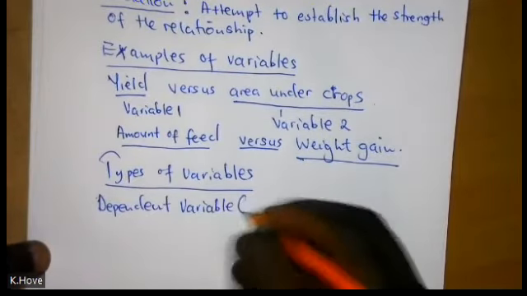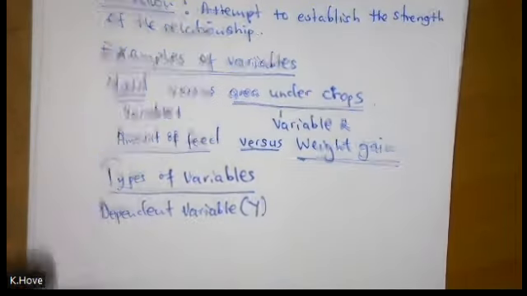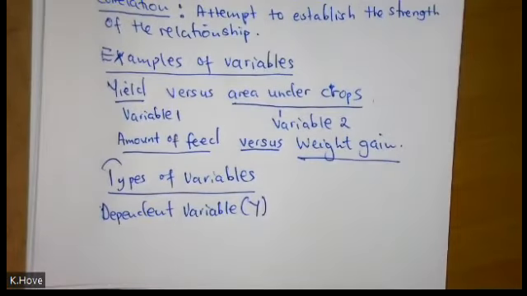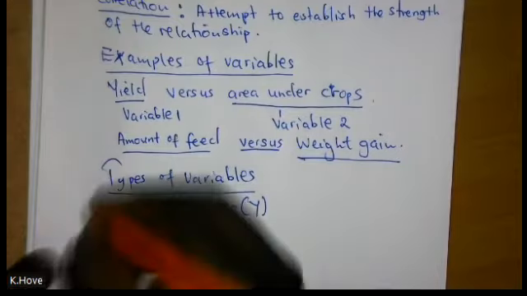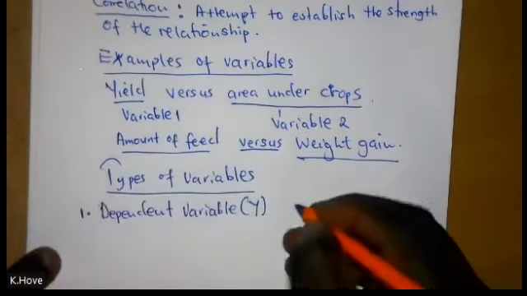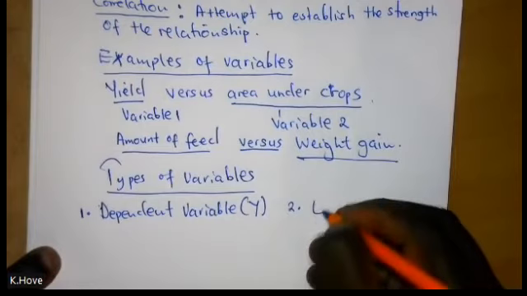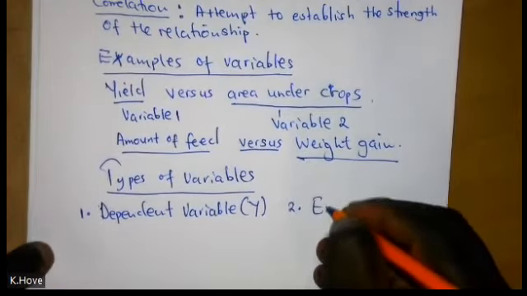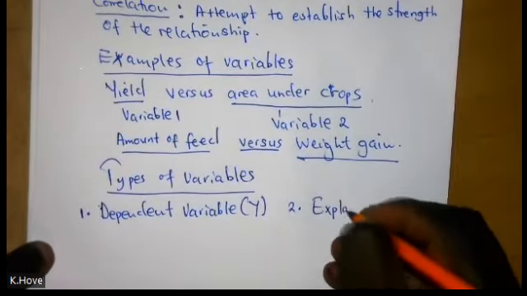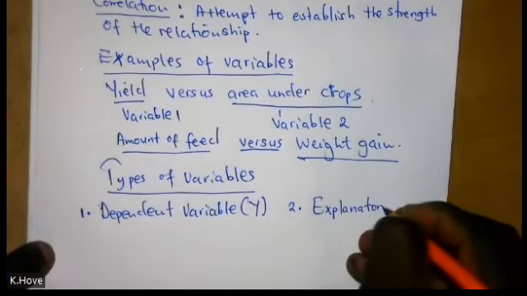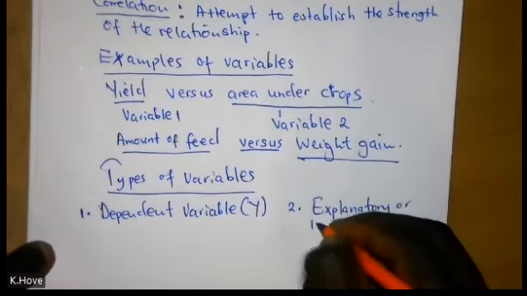The dependent variable is usually denoted by y. That is number 1. And we also have what we call the explanatory or independent variable.